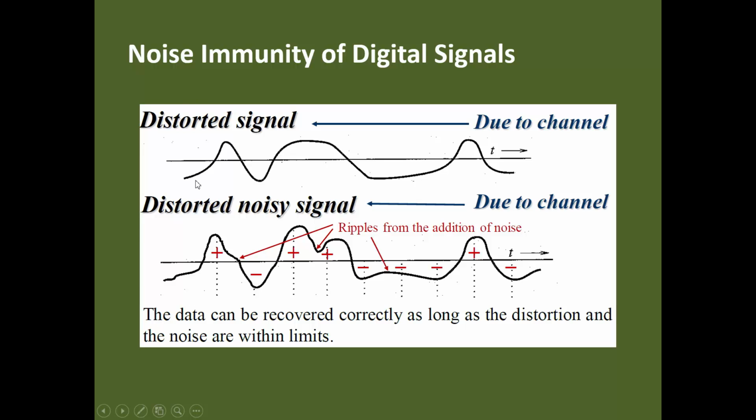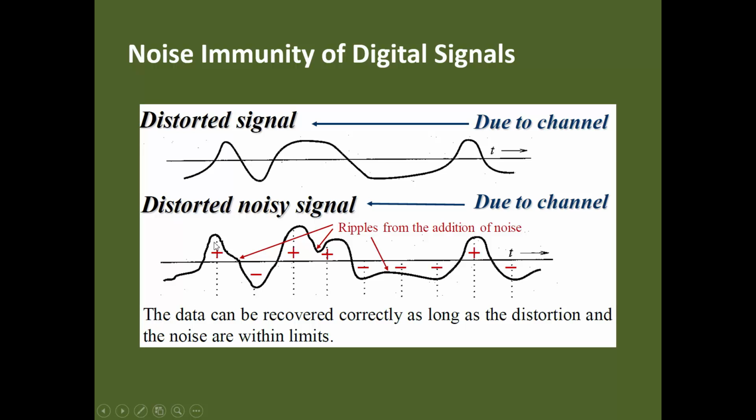Distortion is distorting the waveform of the transmitted signal. There is attenuation, and there is expansion of the waveform into the neighboring bits, and the effect is spilling over to the neighboring bits.